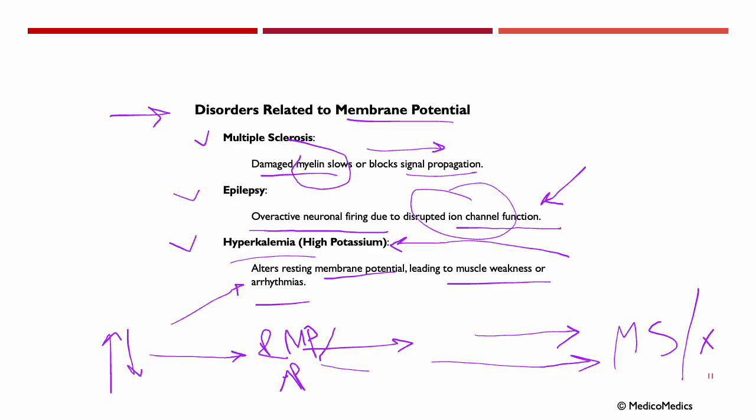Now, imagine you have too much potassium. Imagine you have too little sodium, too much chloride, too much calcium, too little calcium. And we have names for all of these. Actual diagnoses like hyperkalemia, hypokalemia, hypernatremia, etc. So these are not just made up for the fun of it.